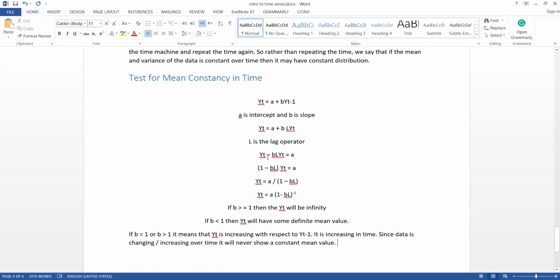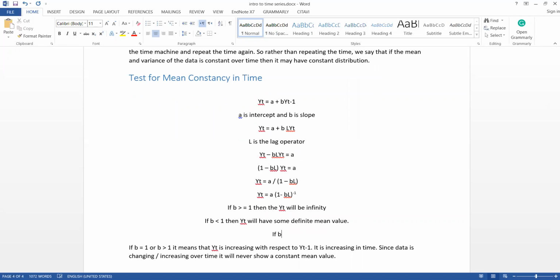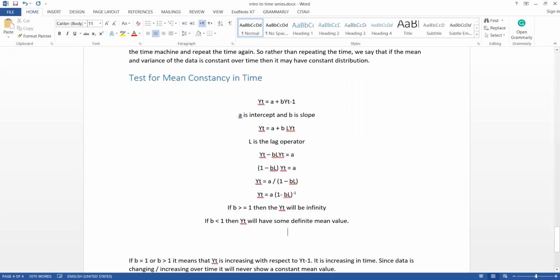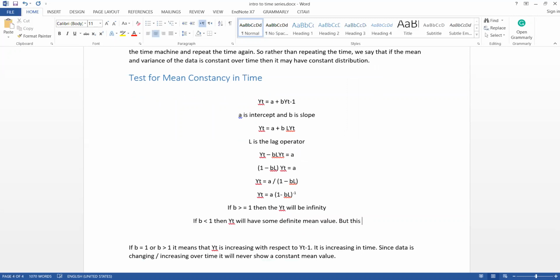Another problem is that if b is less than 1, there is a definite mean value, but that mean value is still not constant. It is still changing, but it will take some time to appear.